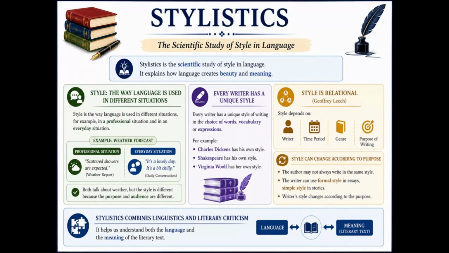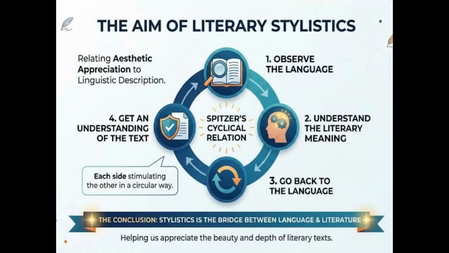Stylistics combines linguistics and literary criticism. It helps us understand both the language and the meaning of literary texts. The aim of literary stylistics is to relate the critic's concern about aesthetic expression or appreciation and the linguist's concern regarding linguistic description, that is, subjective and objective.